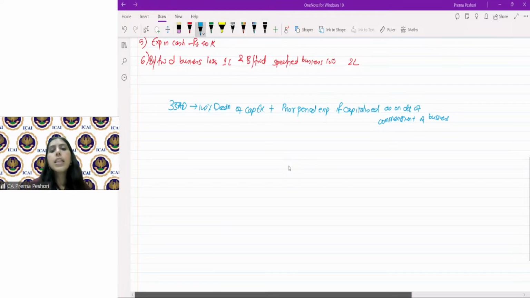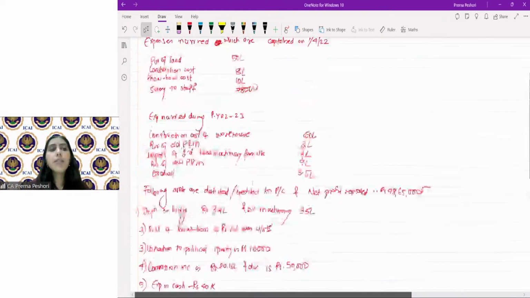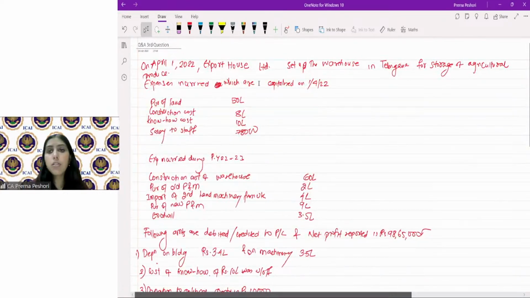Right? Now, in this particular case, first is the expenses incurred, which are capitalized on 1/4/2022. So here you can write down expenditure incurred prior to commencement, which are capitalized on 1/4/22.